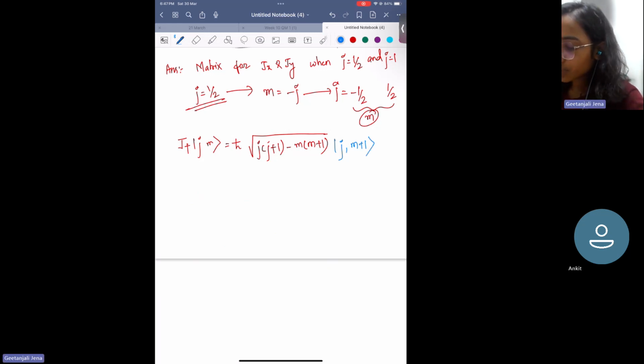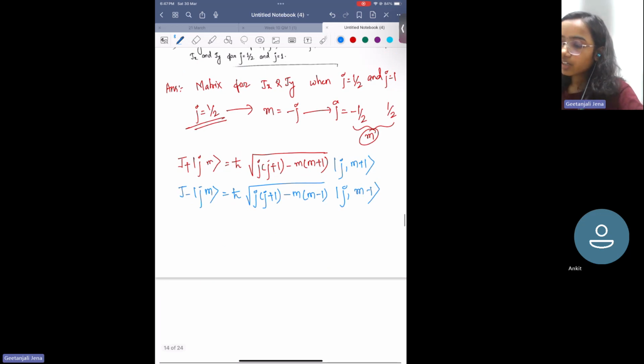This is the expression for J plus. For J minus, it's easy to remember. The M plus 1 will become M minus 1 only. So this is J into J plus 1 minus M into M minus 1, J, M minus 1.